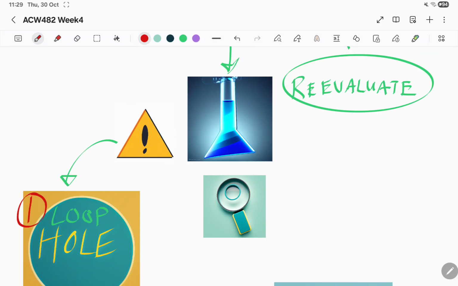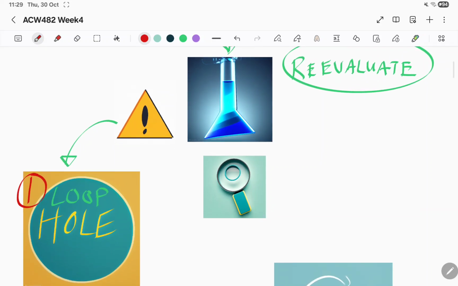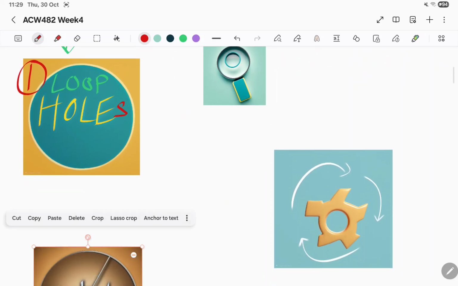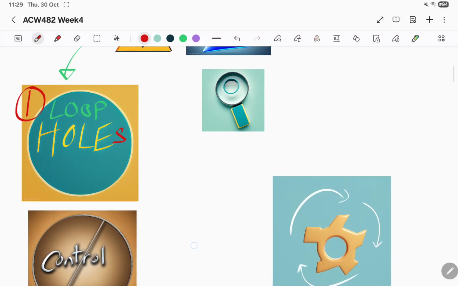Loopholes can be solved mostly by proper internal controls. With proper internal control, we could close the loophole.